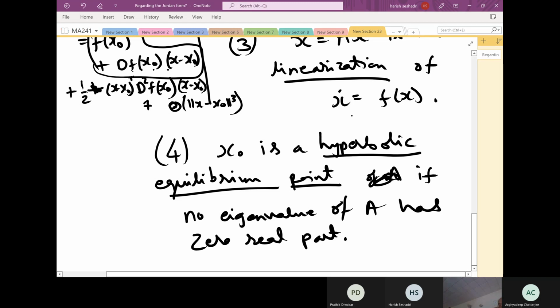So the assumption is that all eigenvalues of A have either strictly negative or strictly positive real parts. So in other words, from our earlier language, the central subspace is trivial.